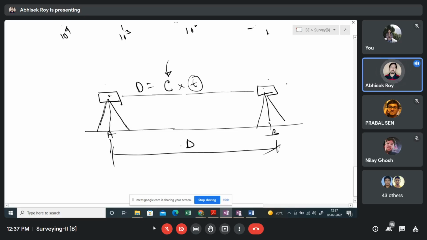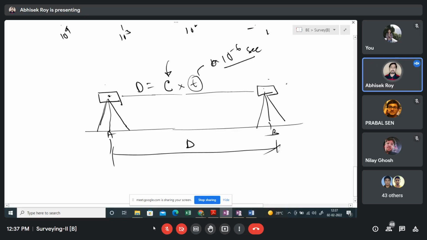But one problem is there. What sort of problem will be there? Because you know this time interval is very small. As this time interval is very small, nearly almost in the order of 10 to the power minus 6 second, obviously it is very difficult to do these things.